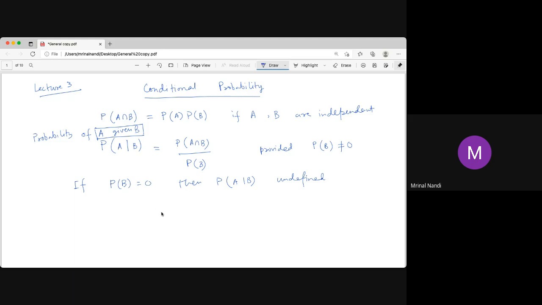Now, clearly, the question is: is this actually a probability or not? That's the question. Basically, what is probability?